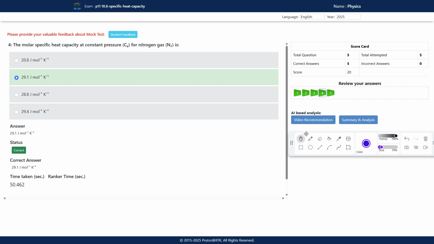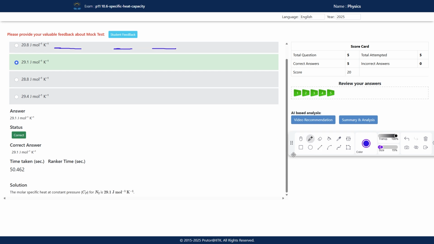Fourth one: the molar specific heat capacity at constant pressure Cp for nitrogen gas is given in the table. It is 29.1 joule per mole per Kelvin.